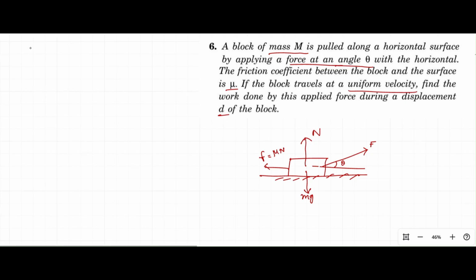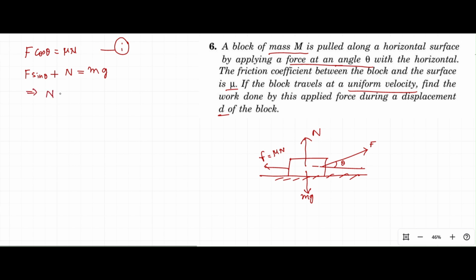Now we can safely write that F cos theta is equal to mu N, which is equation 1. This is F cos theta, and the component along the vertical direction will be F sin theta. Similarly we can take the vertical component of F, which is F sin theta, plus normal reaction is equal to mg.